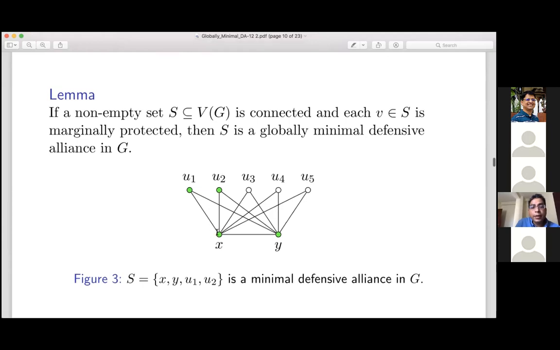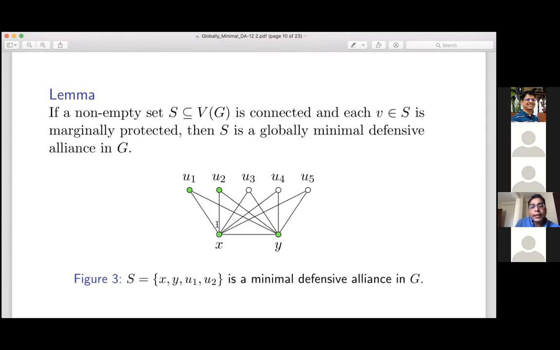So here you can see that this is a minimal defensive alliance, X, Y, U1, U2. These four vertices form a minimal defensive alliance.